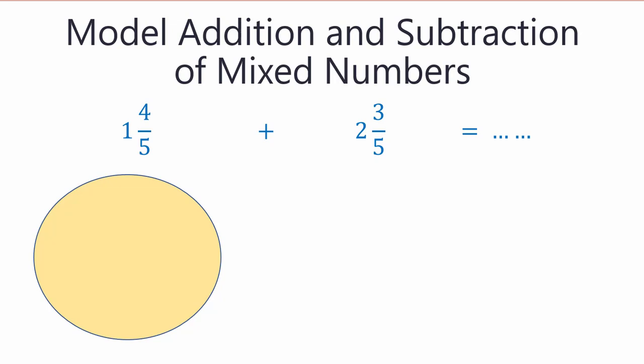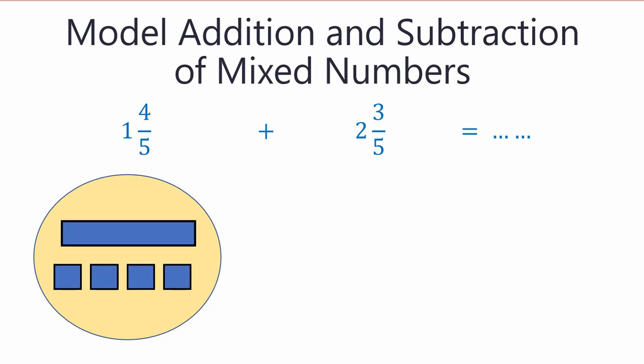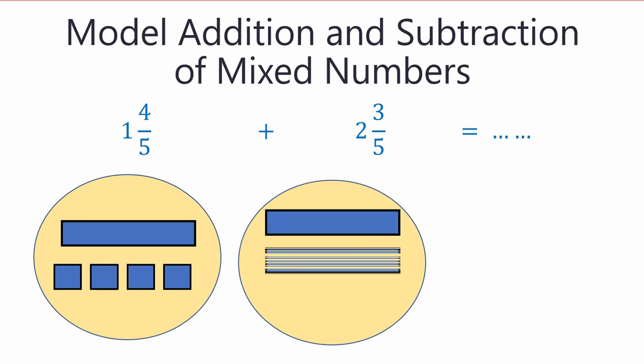This is the first mixed number. I need a whole one and 4/5. So I will divide a whole into fifths and take only 4/5. Let's do the same with the second mixed number. I need 2 wholes and I will take 3/5. So these are the numbers that we need to add.